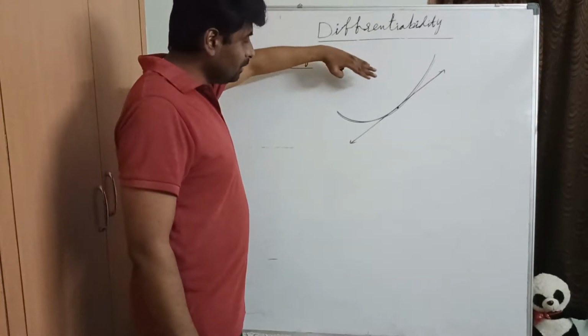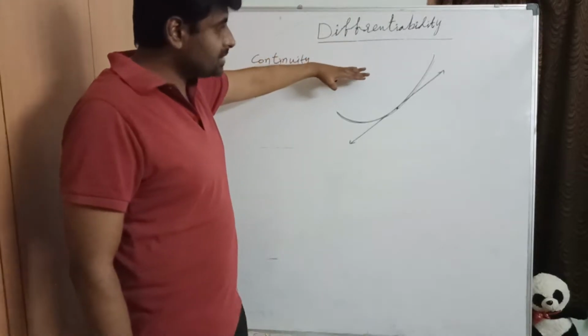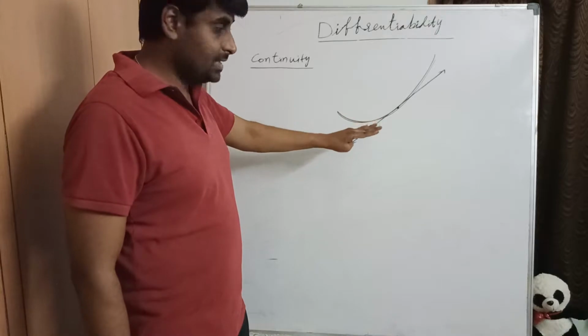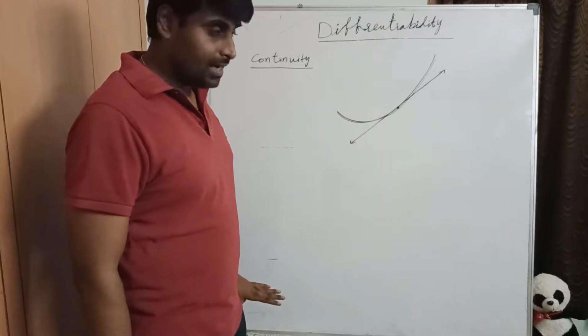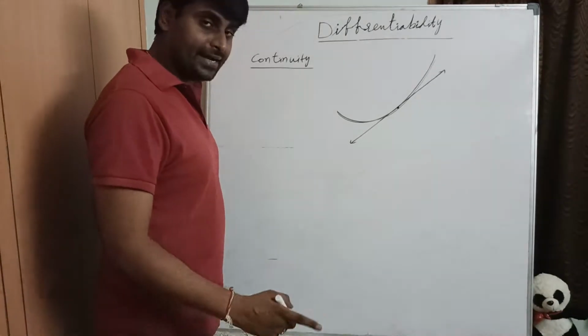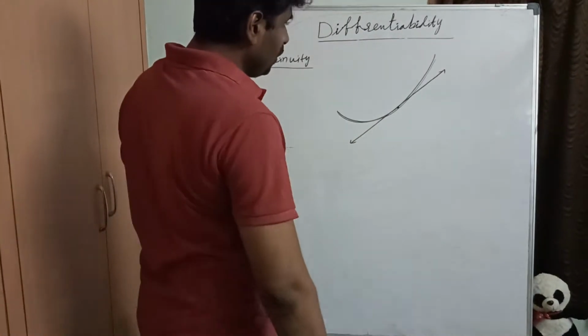Now tell me, when can you say a function is differentiable? Whenever it does not have any corner points and has a unique tangent, that means a finite slope at each and every point on that curve.